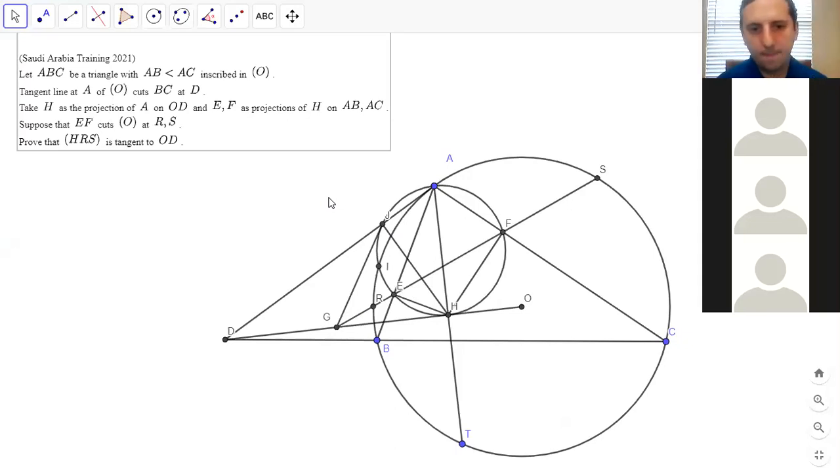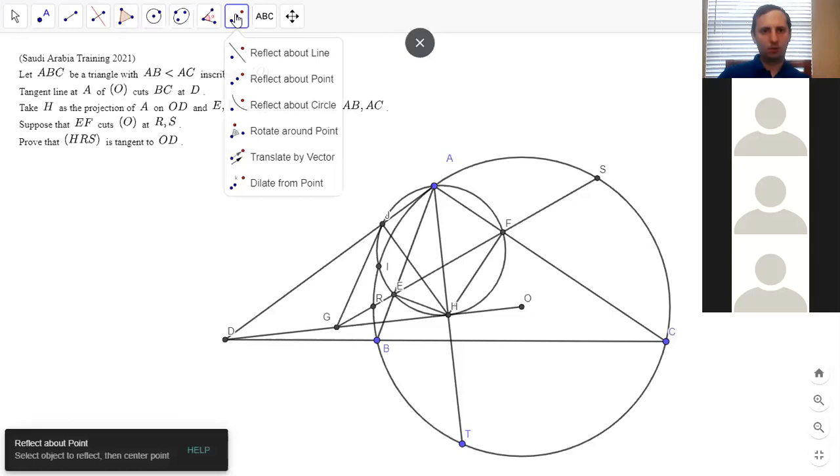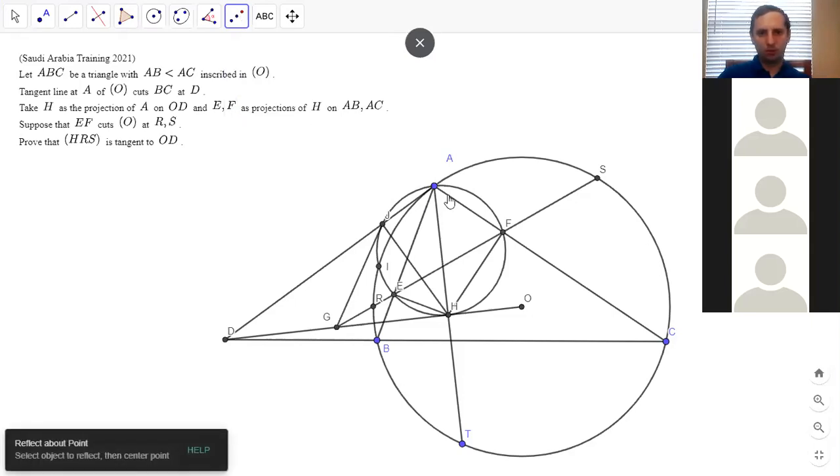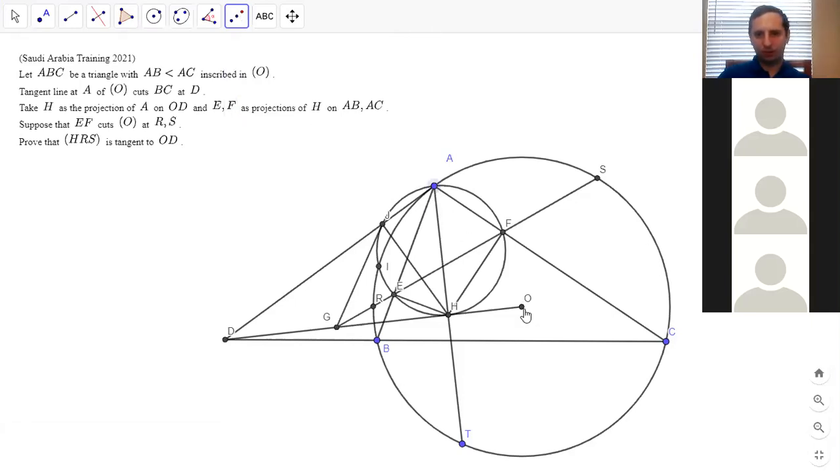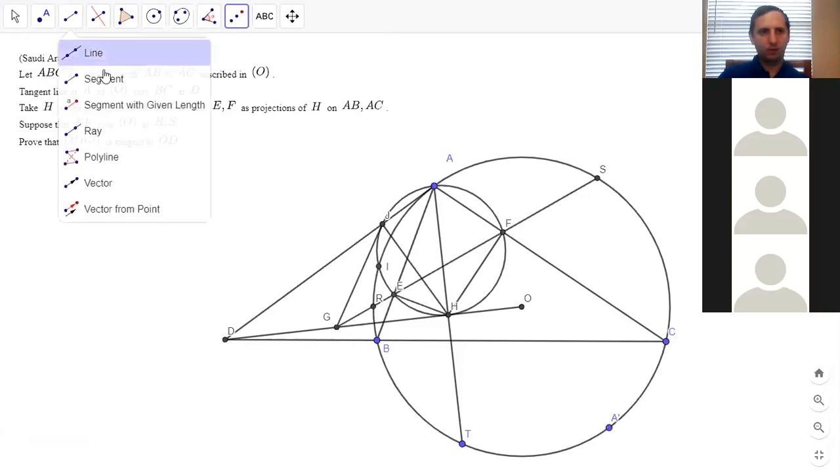Yes. So the angle AIH will be 90 degrees, right? Yes. So if you let AO cut the circle ABC at one point, IH in that point will be collinear.